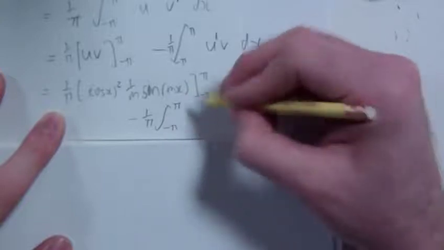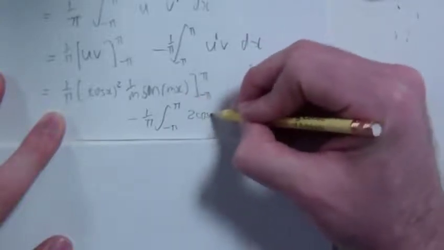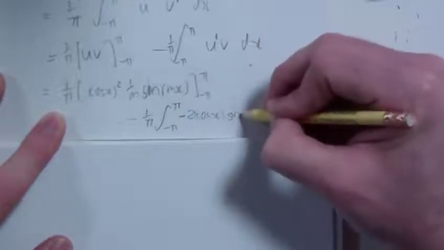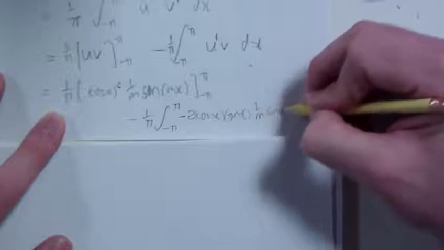The u dash should be 2 cos x, and because of the chain rule, a sine x as well. And then the v is still 1 on m. Okay. Damn, that's worse. Alright, well, worth a try.